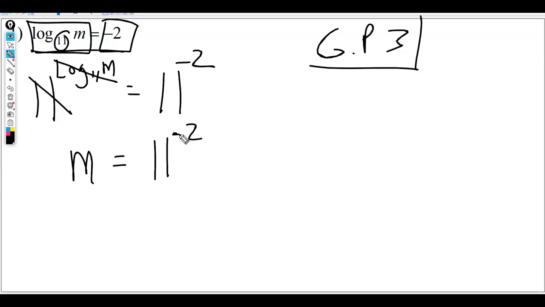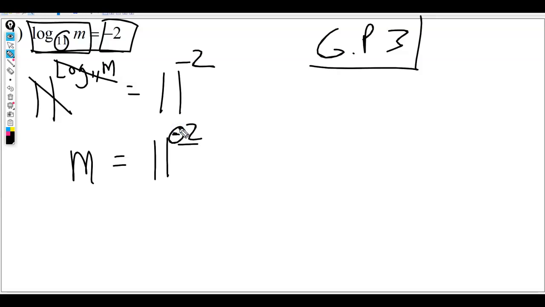Now, first of all, what is 11 to the 2nd power? Think about that for a moment. 11 to the second power would be 121, right? However, it's not just 2, is it? It's negative 2. You guys remember what negative exponents do? Negative exponents make reciprocals.